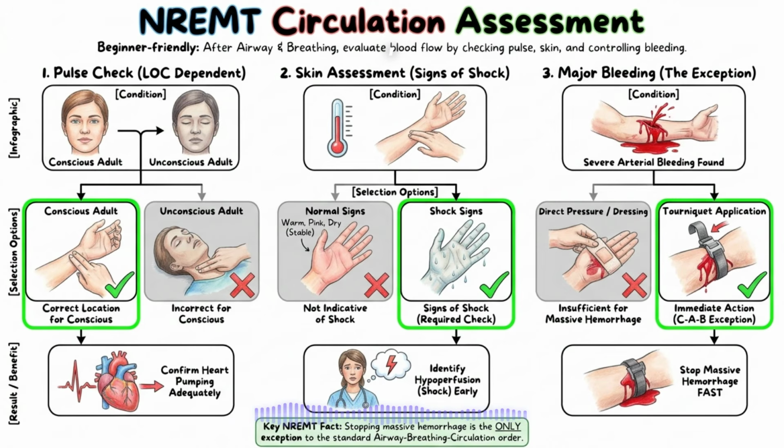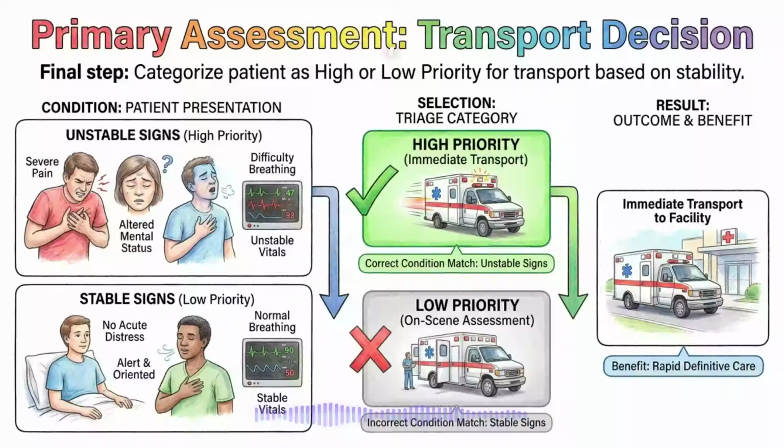breathing, and circulation order. The final step of the primary assessment is making a transport decision, which categorizes the patient as a high priority or a low priority.